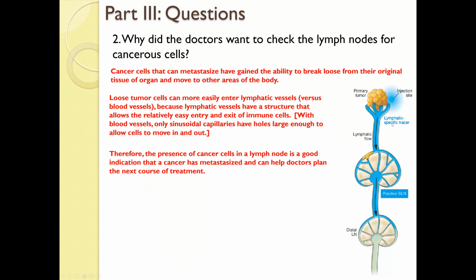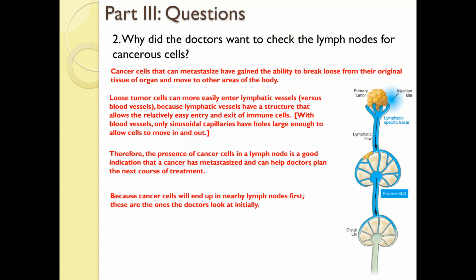So if we look at this diagram over here, so we have a tumor up here. So the lymphatic vessels are going to be easier for the tumor cells to enter. And so the tumor cells will then travel to nearby lymph nodes. So the presence of cancer cells in a lymph node is a good indication that a cancer has metastasized, and it can help the doctors plan the next course of treatment.